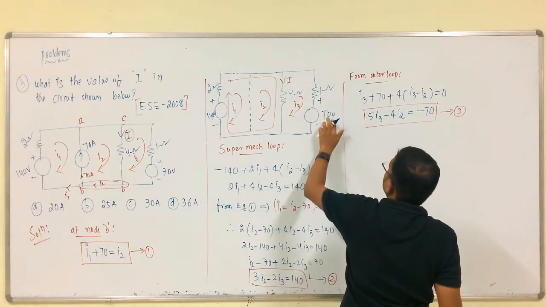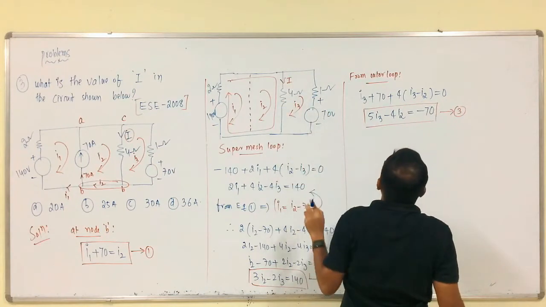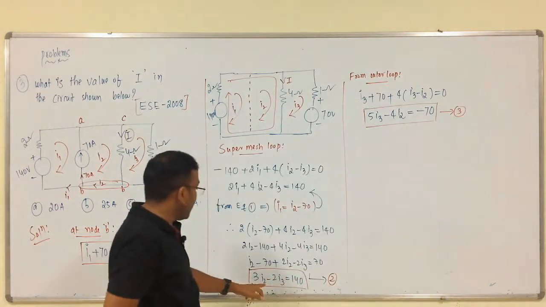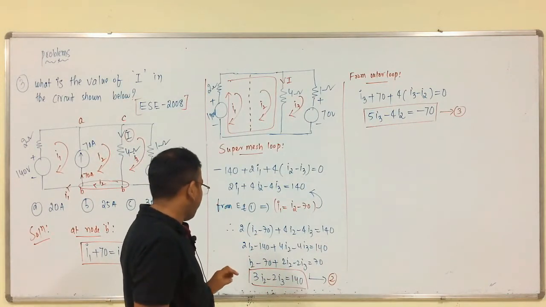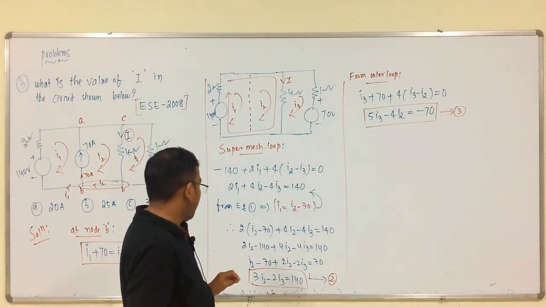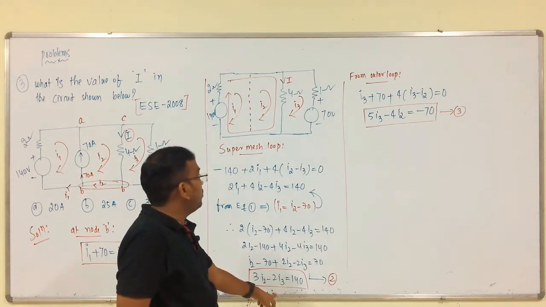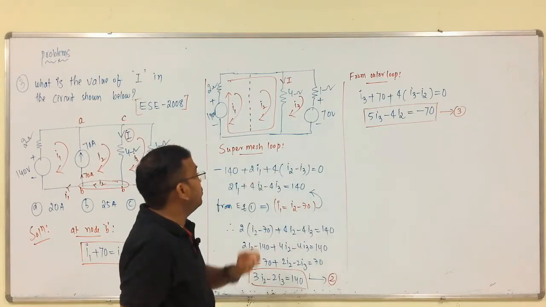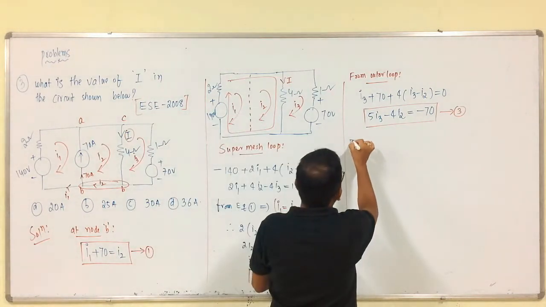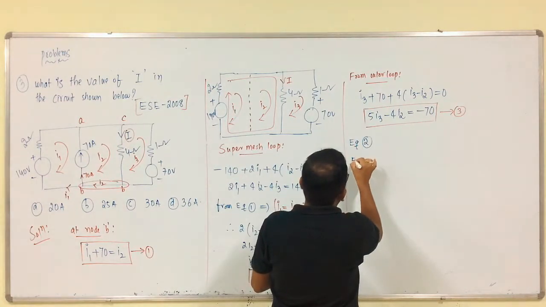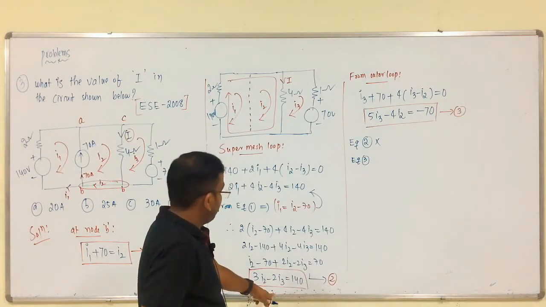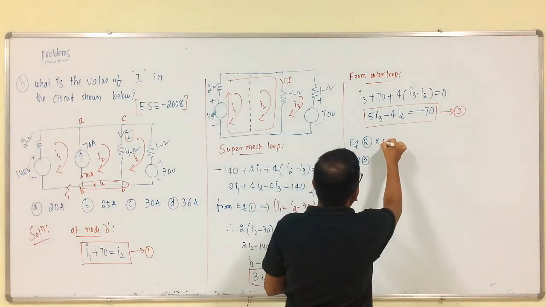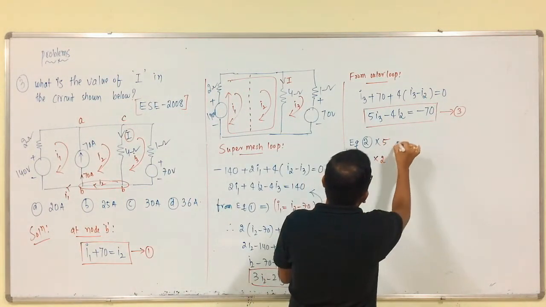So, here we have 3 I2 minus 2 I3 equals 140, and there we have 5 I3 minus 4 I2 equals minus 70. It is better to multiply equation 2 by 5 and equation 3 by 2.